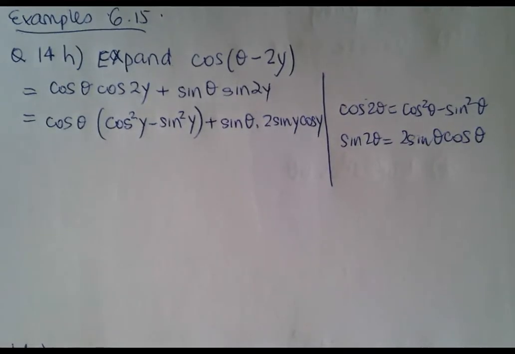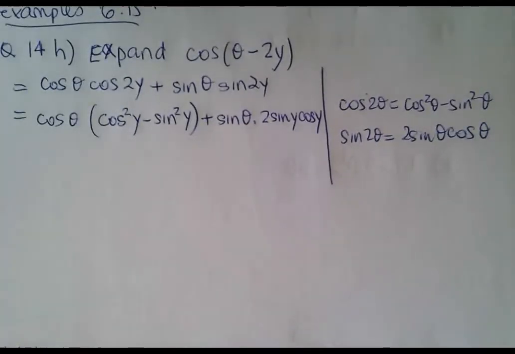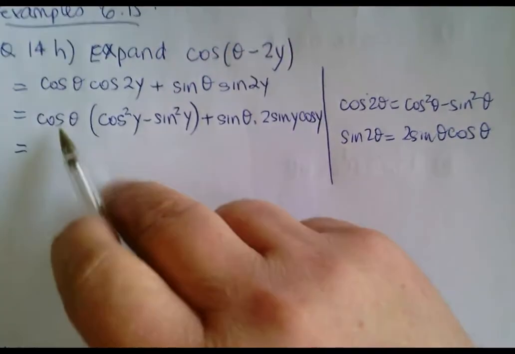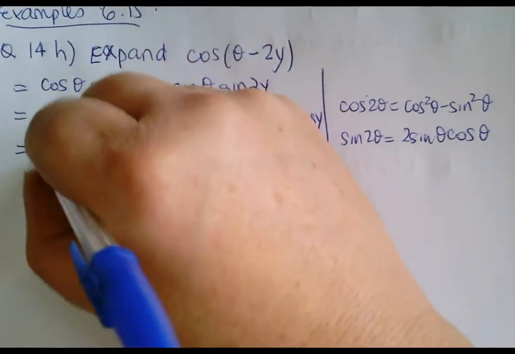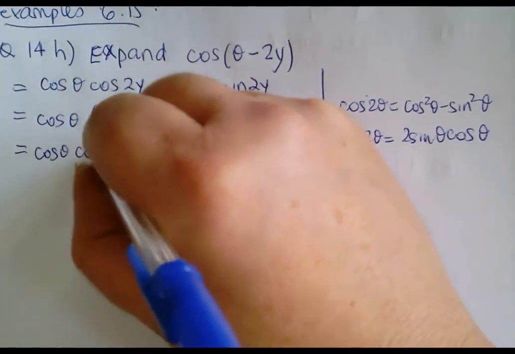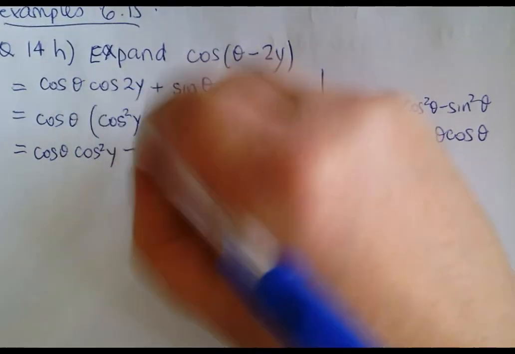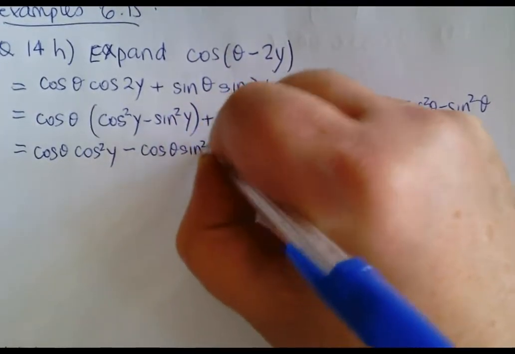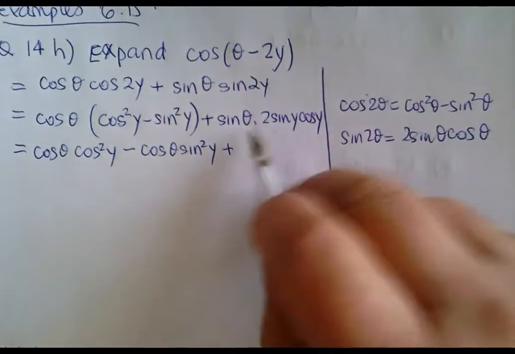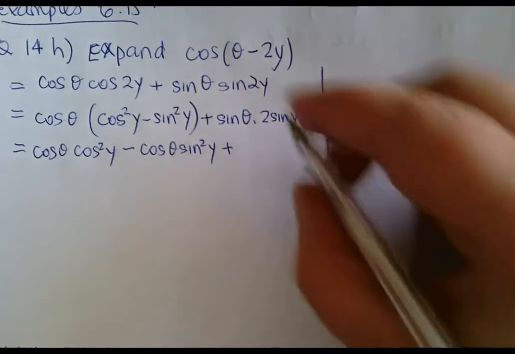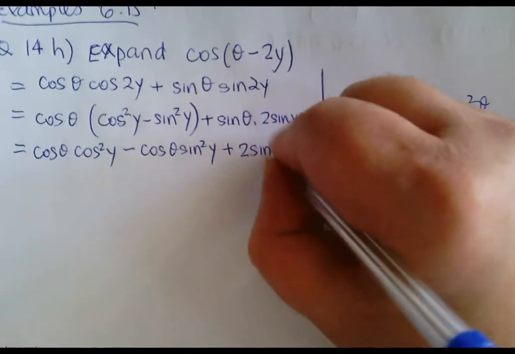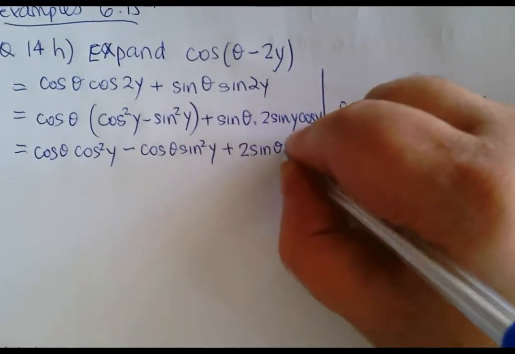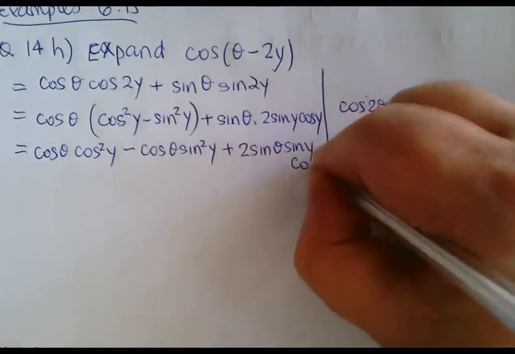Sorry, it's a bit small. But we're using our results. So now we can just expand each of these. So that's cos theta cos squared y minus cos theta sine squared y plus, well this is one term now, so it'll be 2 sine theta sine y cos y.